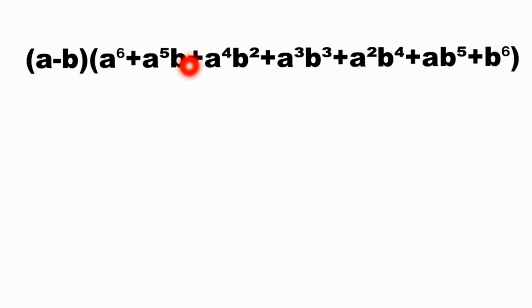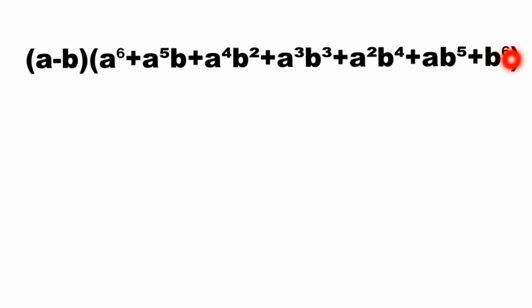So we have the descending power of a, 6, 5, 4, cube, square, and 1 here, and for b it's ascending power: b, b squared, b cube, b to the 4th, b to the 5th, and the last is b to the 6th.